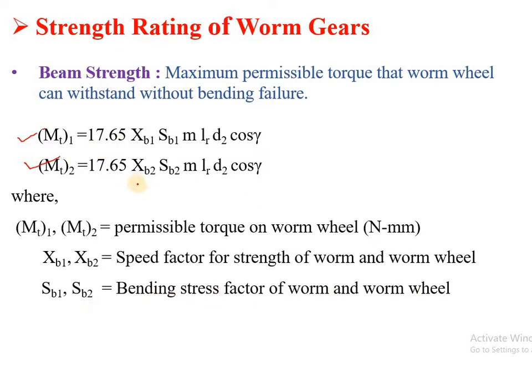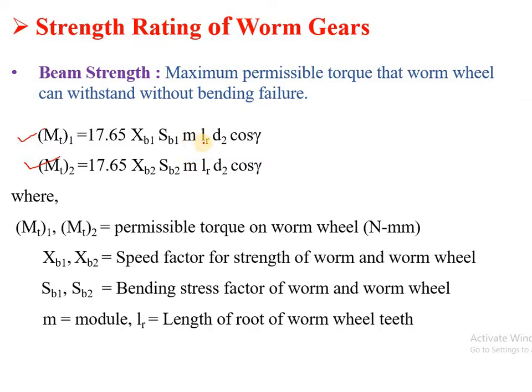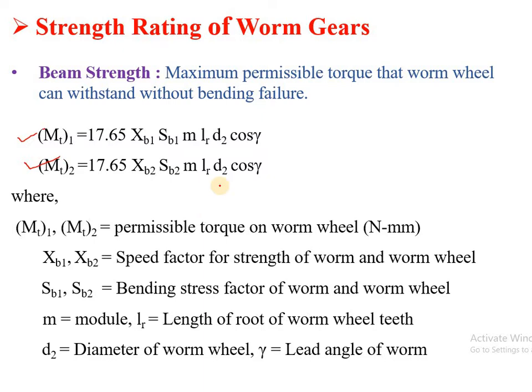So X depends on speed and S depends on stress. M is the module, LR is the length of root of worm wheel teeth, D2 is the diameter of worm wheel, and gamma is the lead angle of worm.